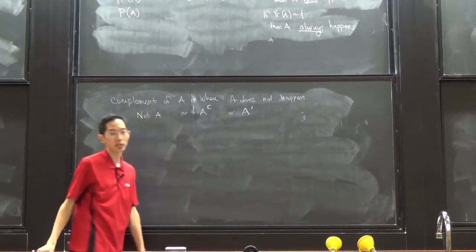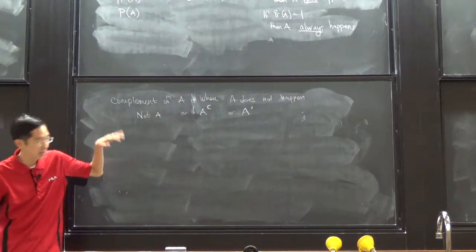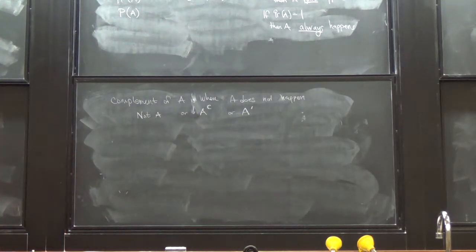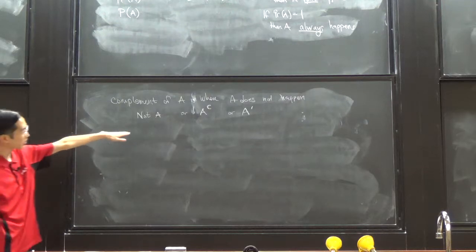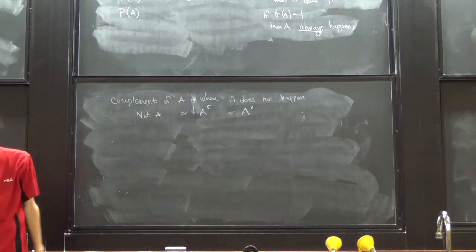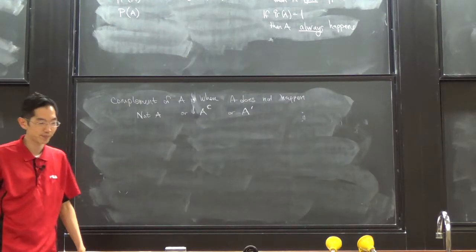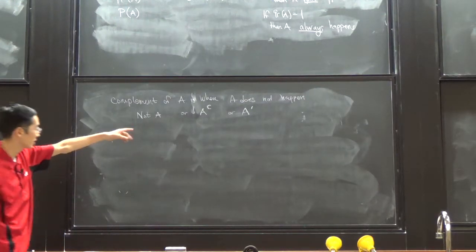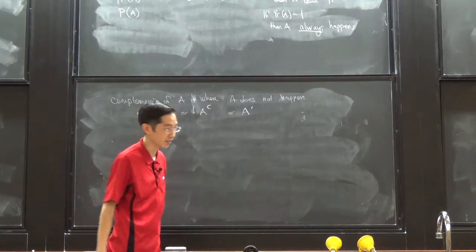These are different notations for saying A does not happen. Okay. I find that students prefer this, saying not in front of A. But just keep in mind that these are saying the exact same thing.